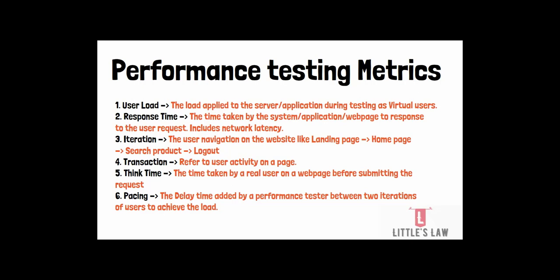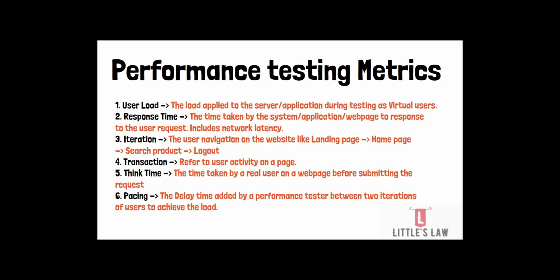So there are multiple iterations, but it is a series of actions until they close their last activity in their transaction. Next comes the transaction, the fourth one, which refers to the user's activity on a page. For example, logging in to the application is a transaction, applying for a product or adding a product to the cart or ordering the item is a transaction.